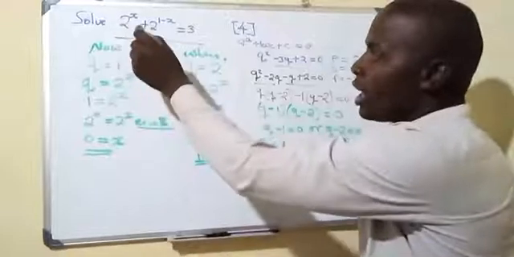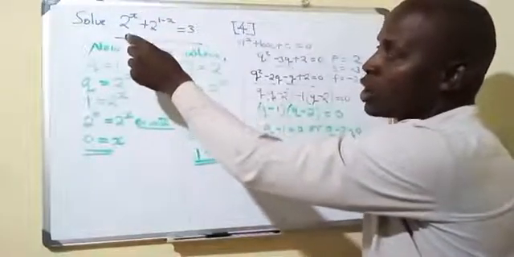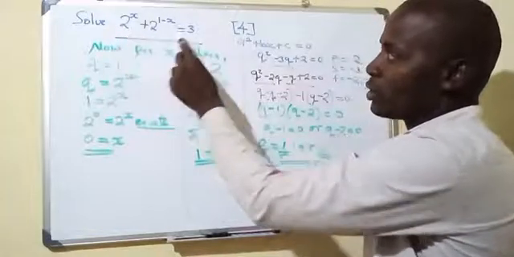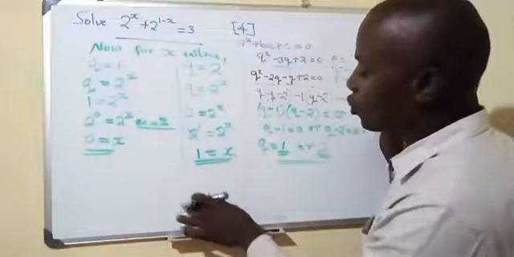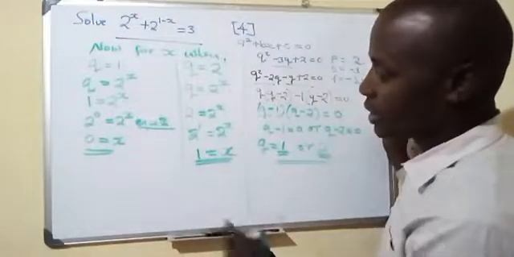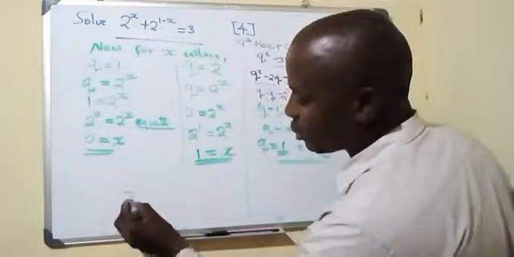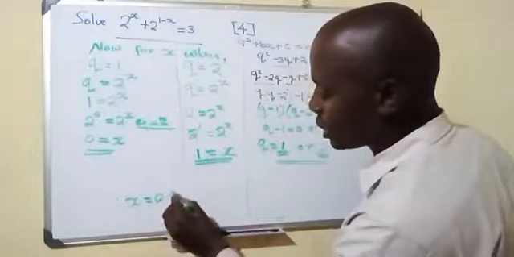Then 1 minus 1, I'm going to have 0, and 2 to the power 0, the answer is 1. So 2 plus 1 will still give us 3. So x is 1 and also x is 0. These are the correct answers.